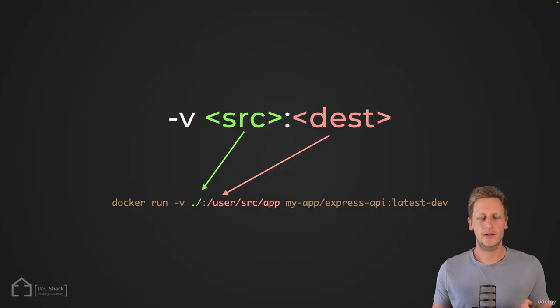And the flag's going to take in an argument where it uses the syntax of you reference a path on your host computer, which we'll call our source, of where you want the data to be persisted. And then the destination will be the location within your Docker container where you want the destination of your volume. The Docker run command will then just take this additional -v option into it. And once that's set up, that's kind of all there is to it. And we'll see this in action in a moment.